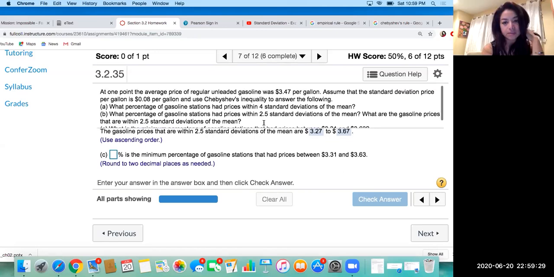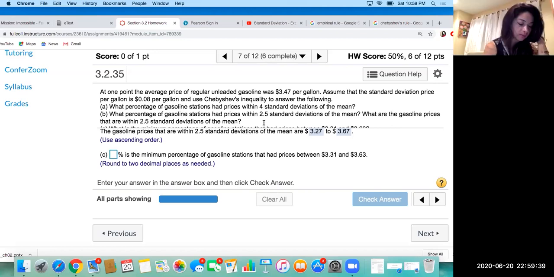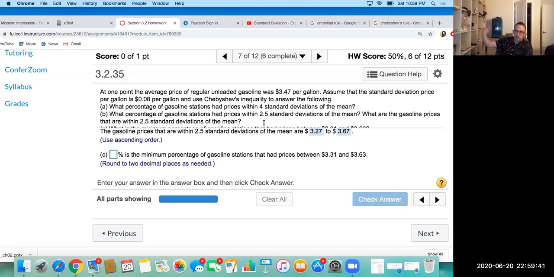It was 3.47. So if you subtract 3.63 minus 3.47, what do you get? 16 cents. Okay, so it's 2 standard deviations. So 2 squared is 4. 1 over 4, it's going to be 3/4. So the answer is 75%.